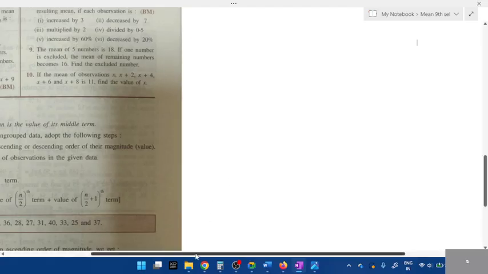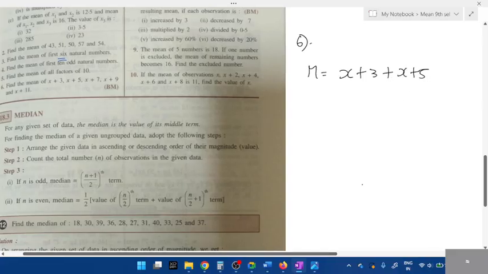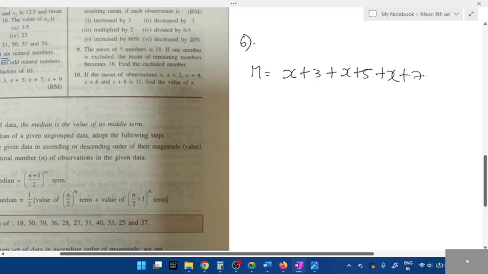Next one, students. Next. What is given? Find the mean of. See, just add everything. X plus 3 plus, what's the other one? X plus 5 plus 7 plus X plus 9 plus.